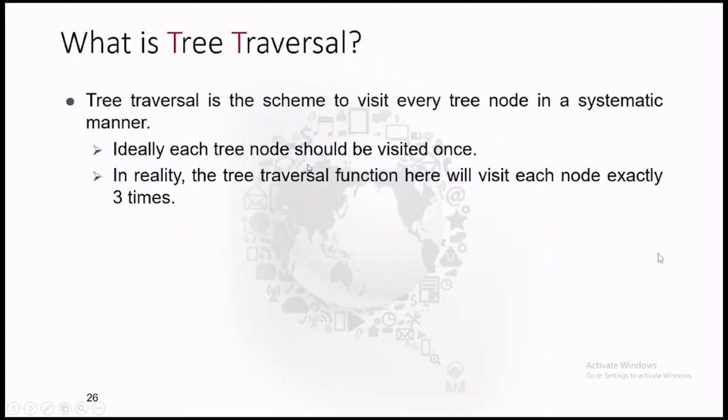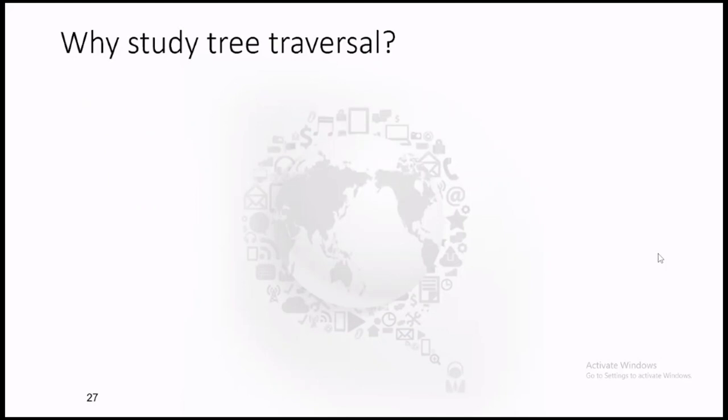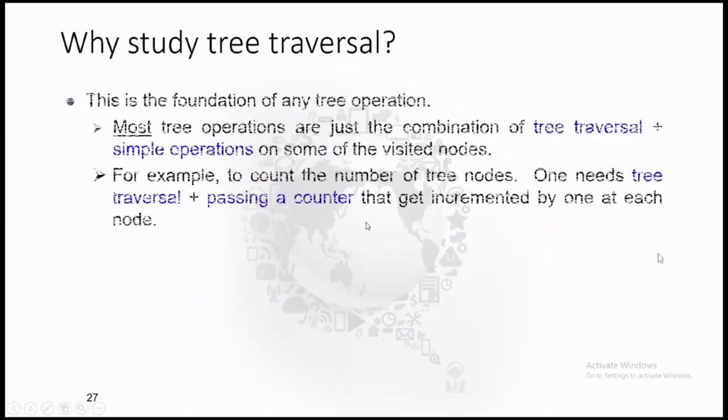Ideally, each tree node should be visited once, but in reality, the tree traversal function will visit each node exactly 3 times. Later we'll show you how you can actually traverse the tree.